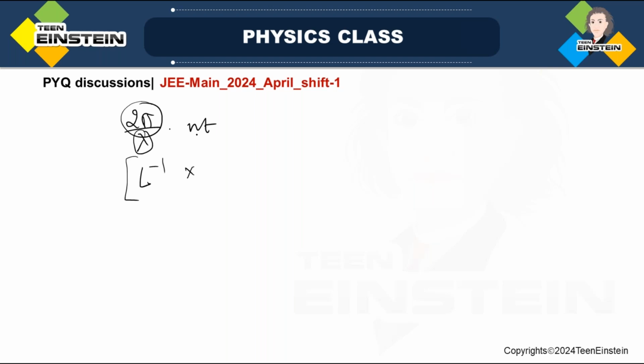So to have a dimensionless quantity, this has to be L to the power minus 1 into T. Since T is T, n has to be L to the power minus 1.